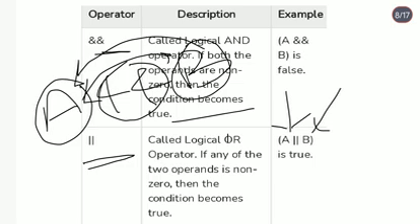Just as we studied in 11th physics, there were logic gates, AND gate, OR gate, so many gates, no? You can understand all these things by example. These are very easy terms. AND means both things must be correct, and OR gives us the option that a will be correct, or b will be correct, or both will be correct, no problem.